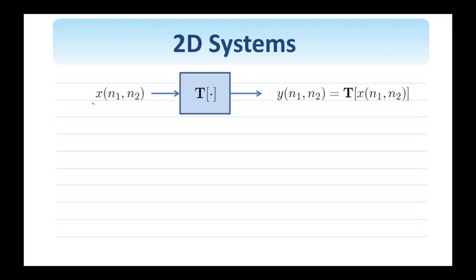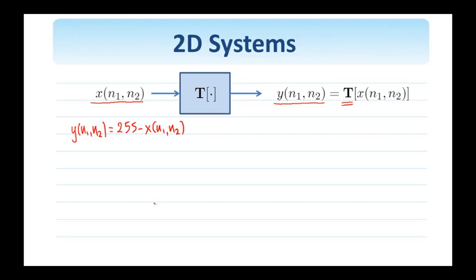So x(n1, n2) is the input image to such a system. y is the output, which is equal to a transformed version of the input, a manipulated version of the input. An example is y(n1, n2) = 255 - x(n1, n2).